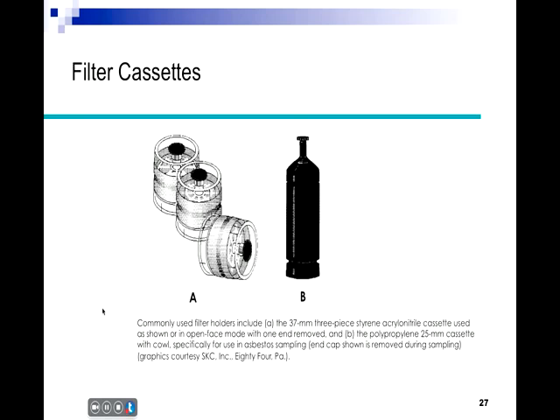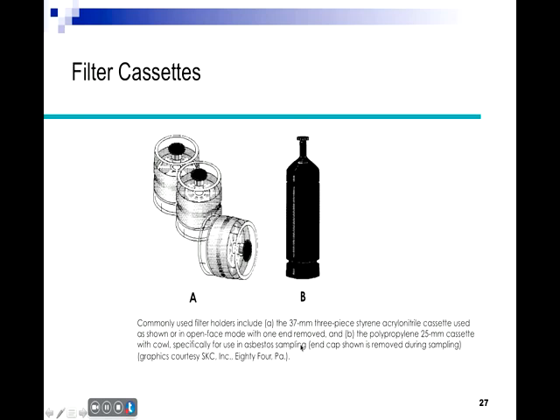This is some filter cassettes. These are styrene acrylonitrile cassettes used for particulate sampling. In this case, asbestos sampling. And you'll pull the asbestos-laden air through these filters. You can weigh them both before and after and get an idea on how much has been deposited on the samples. I guess A is the styrene acrylonitrile.